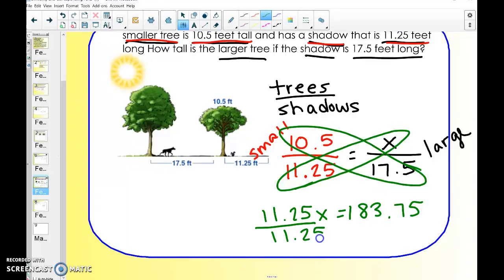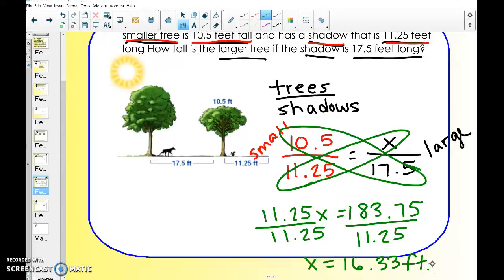Divide both sides, pretty easy algebra from there. And you should get that x is about 16.33 feet. And I just rounded it to the nearest hundredth.